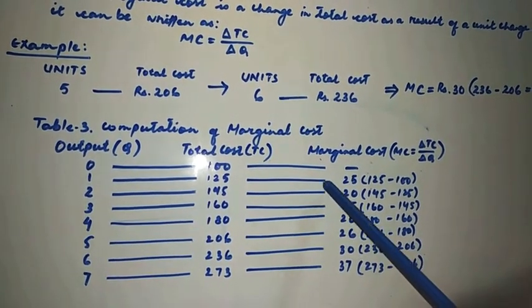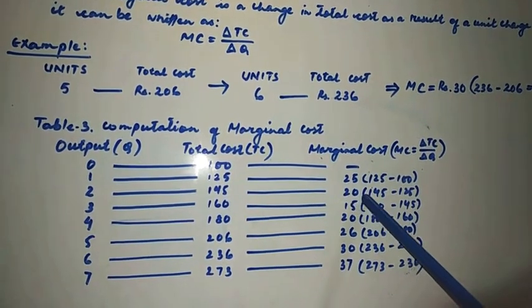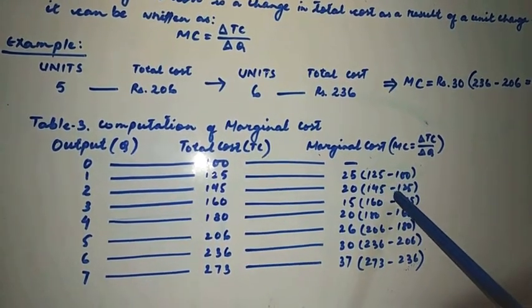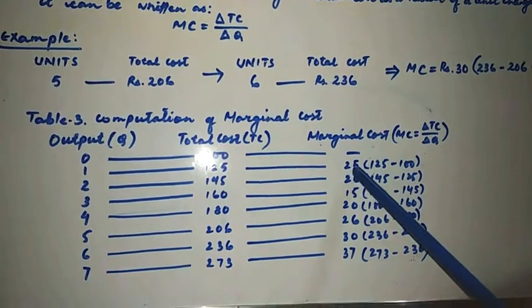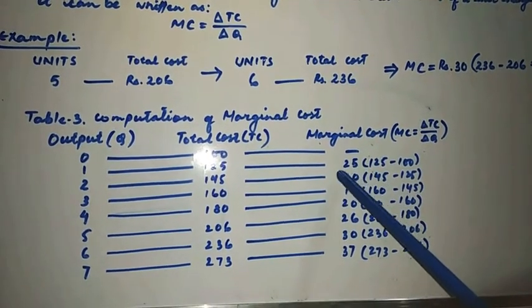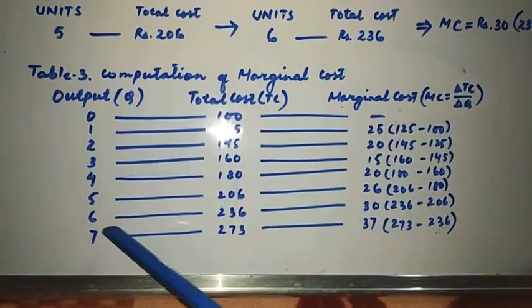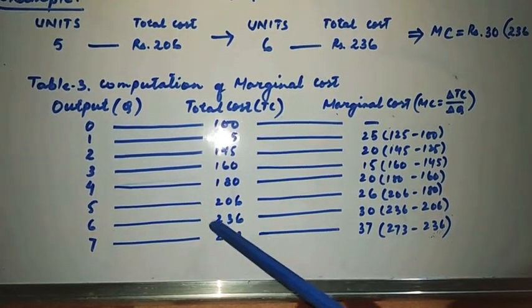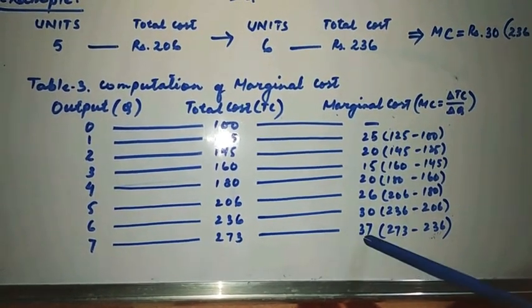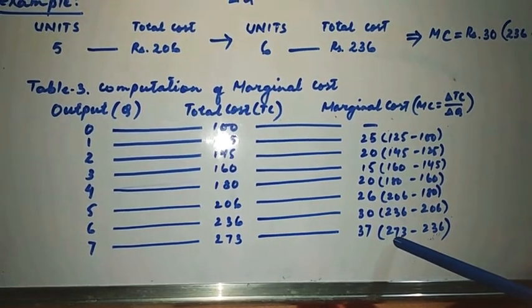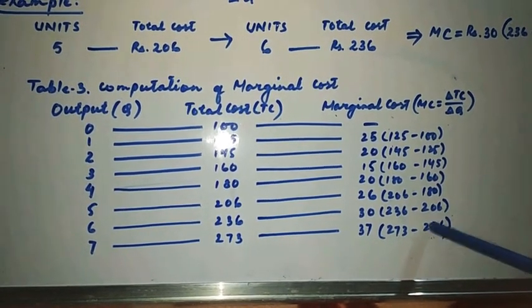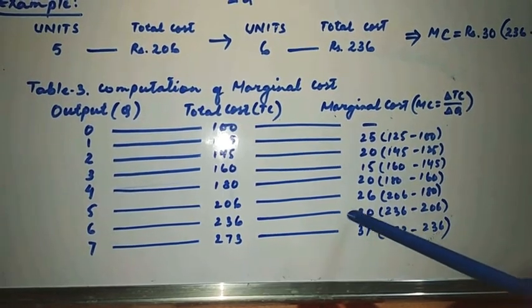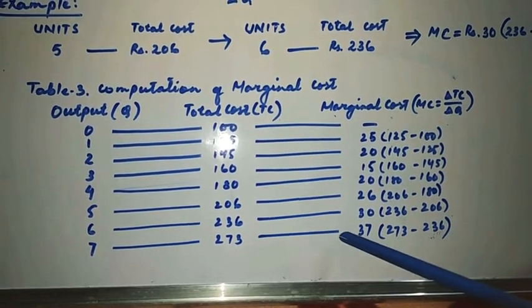And what will be your marginal cost? You subtract 125 from 145, and the answer you get is 20. So 20 is the marginal cost. And at 7 units, your total cost is 273. What will be your marginal cost? You subtract 236 from 273, and your marginal cost is rupees 37.